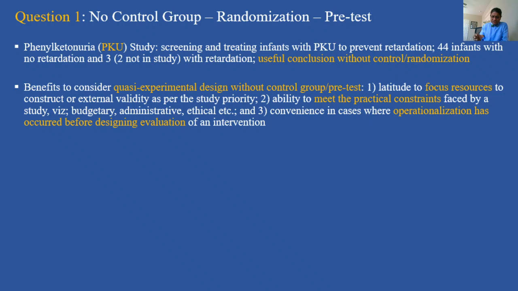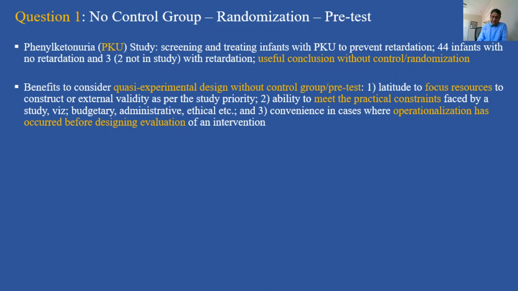Now, this study refers to a program which was conducted in 1966 in Canada to screen and treat infants born with phenylketonuria, PKU, to prevent future PKU-based retardation that occurs in these infants. After the program implementation, when the evaluation was done, it was found that 44 infants born with PKU showed no retardation, while three of them were missed out of the program, so were not included in the program.